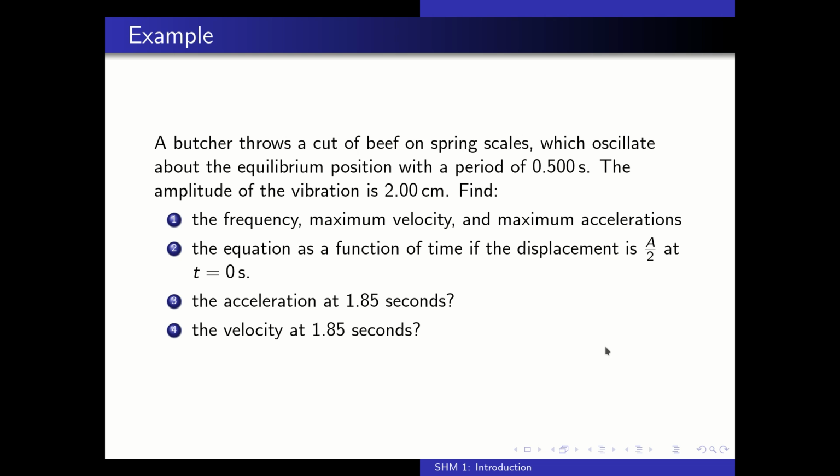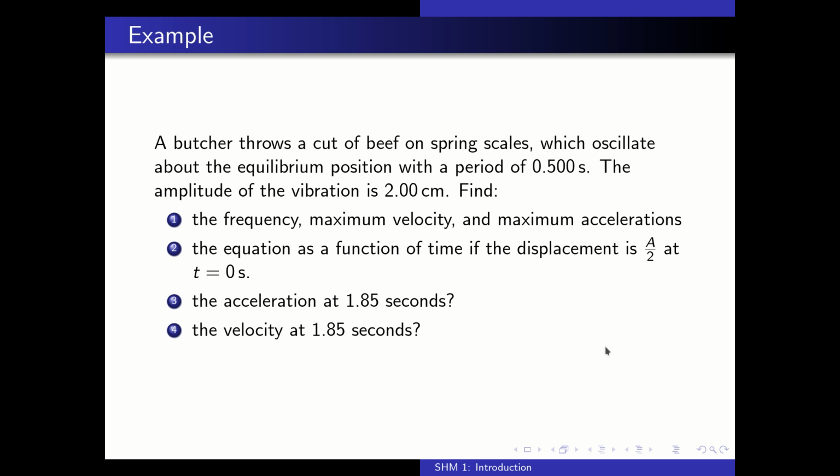I want you to find the equation of... I have no idea what I was trying to say there. The equation is a function of time. I must have meant the position.